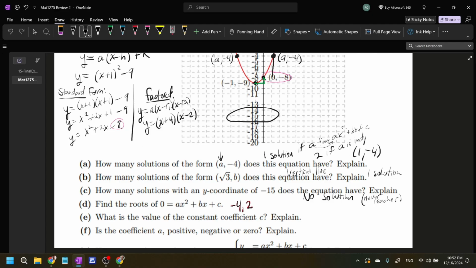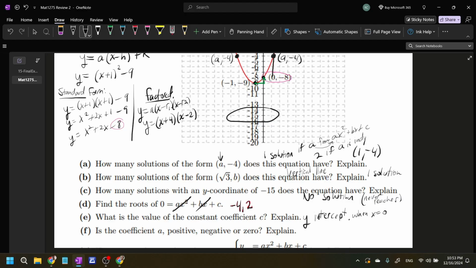What is the value of the constant coefficient? Remember, the constant for a polynomial written in standard form is going to be our y-intercept. Explain: the reason for that is because when we plug in x equals 0, the x squared term will cancel out, the bx term will cancel out because they both will become 0, and we're left with c by itself.